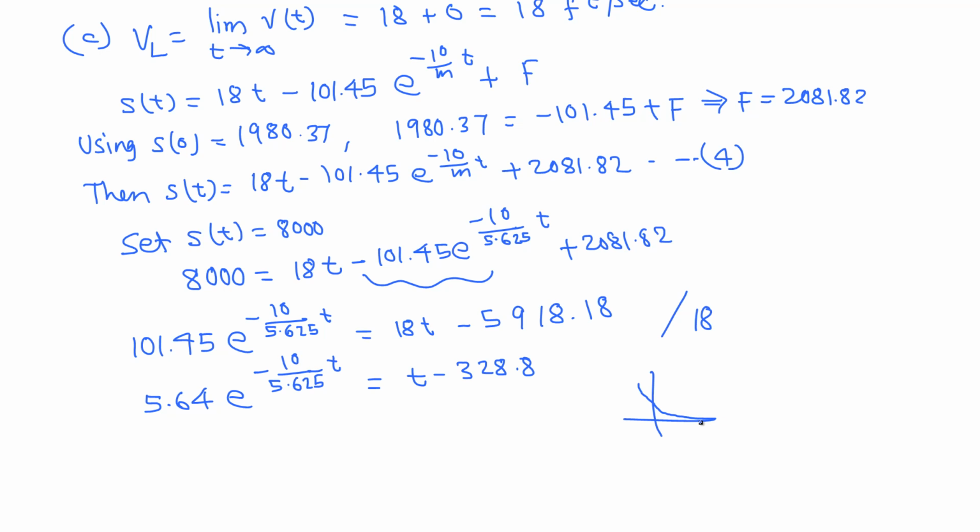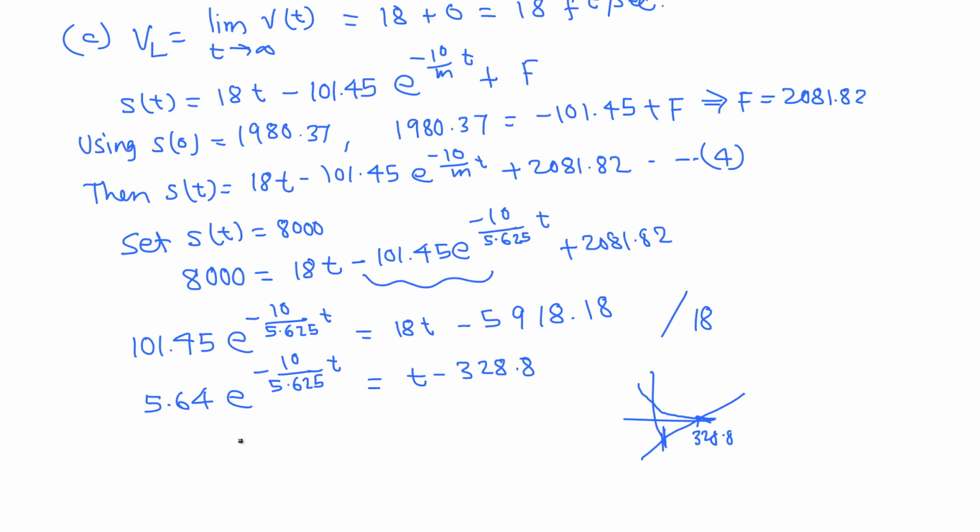It never goes to 0, but very, very close to 0. And if you graph this, t minus some number, this becomes very close to 0, and this is 0 at 328.8. So these two graphs intersect very, very close to 328.8.